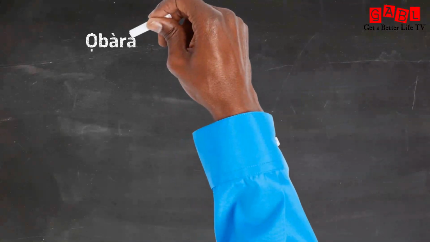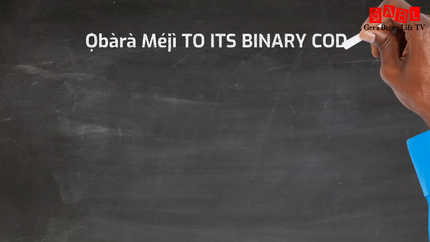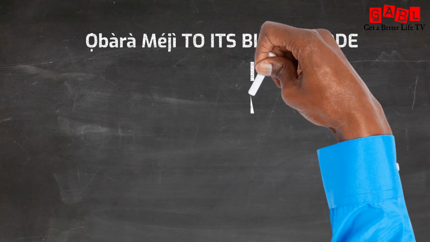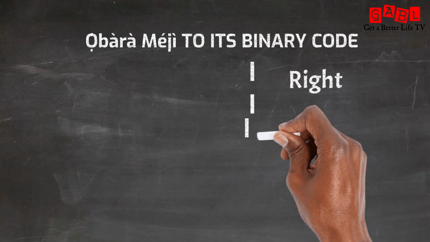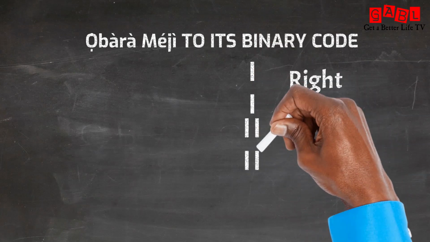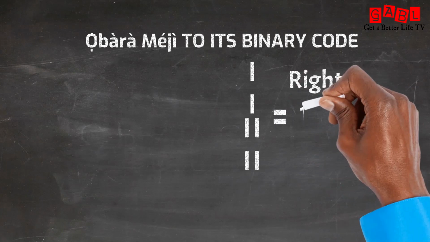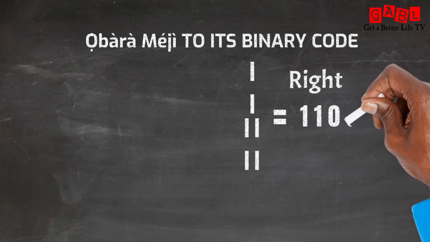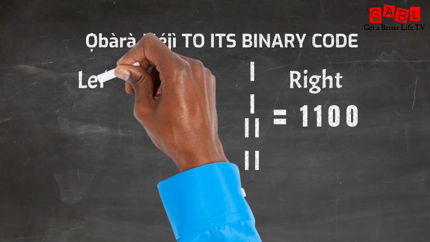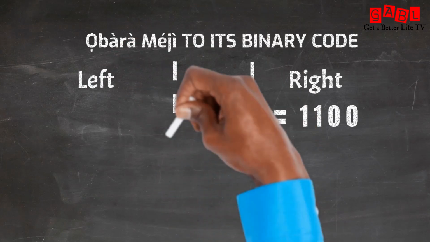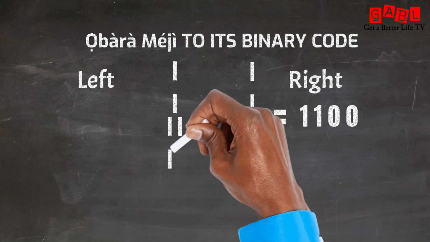Converting this to binary, the right column, top to bottom, has single line, single line, double line, double line. This translates to 1100. The left column also has single line, single line, double line, double line. This translates to 1100.